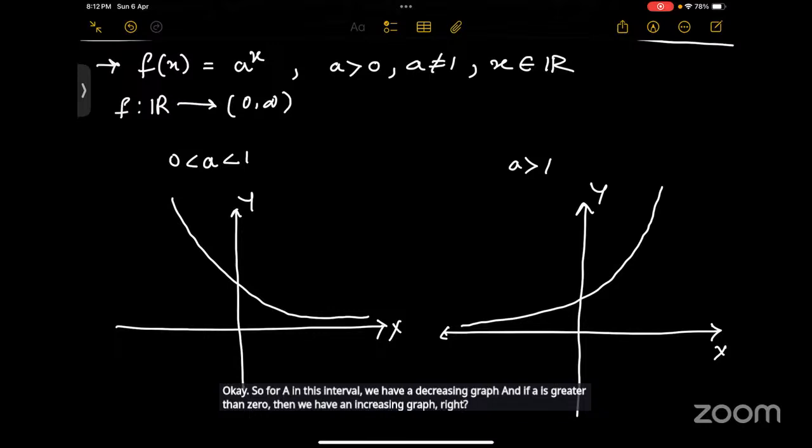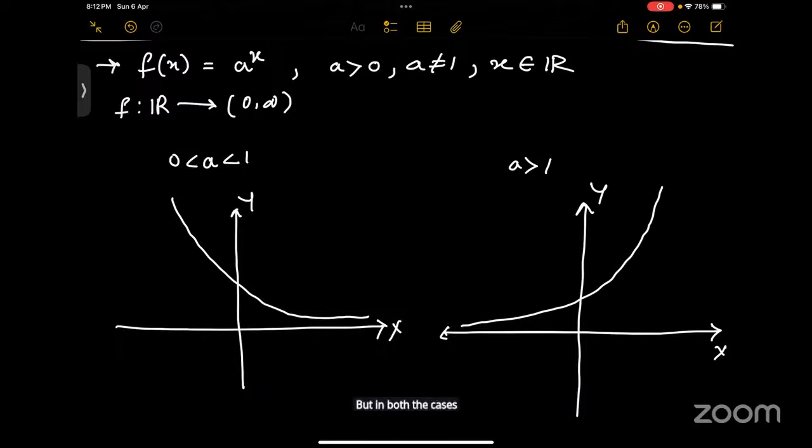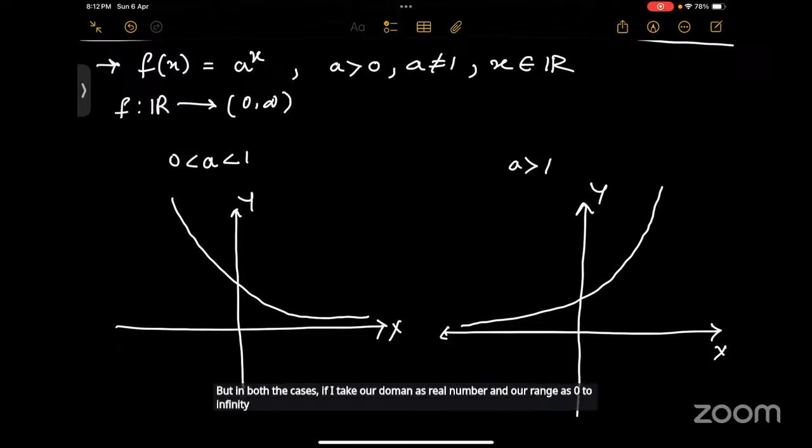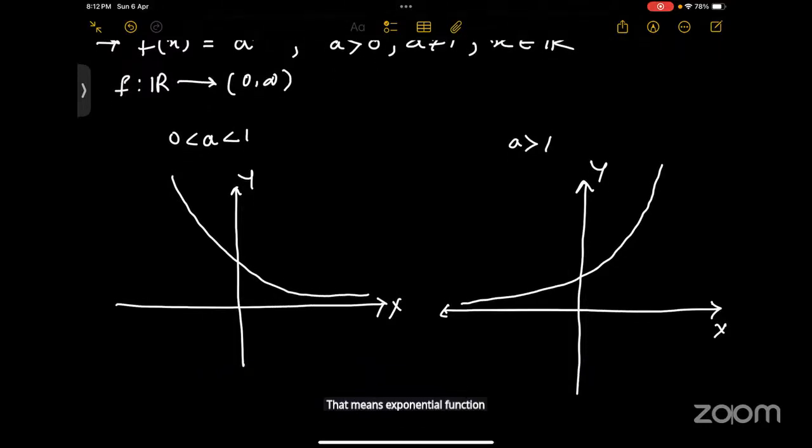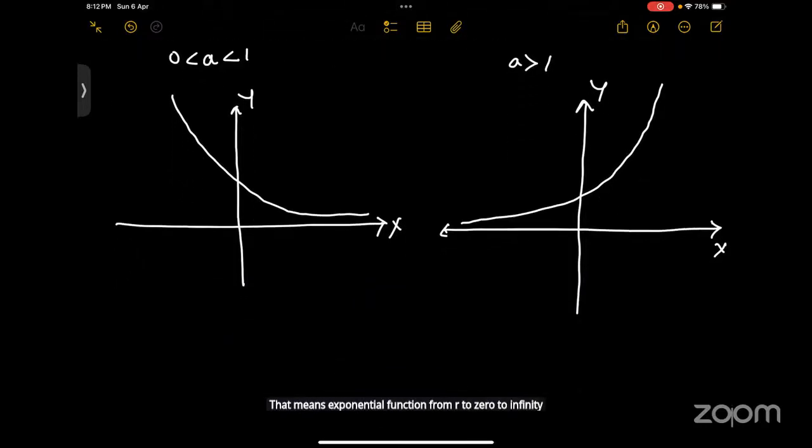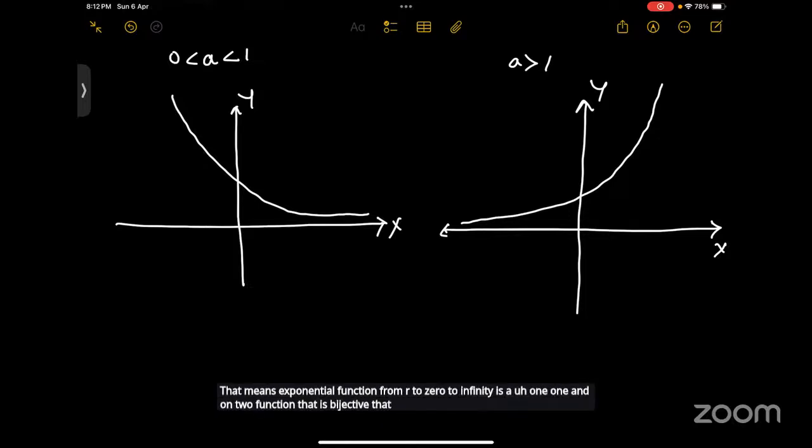But in both the cases, if I take our domain as real number and our range as 0 to infinity, then we can see it is an onto function, right, on this range. And also, if I apply the horizontal line test, we can see that this is a 1-1 function. That means exponential function from R to 0 to infinity is a 1-1 and onto function. That means bijective, that means invertible function, right?